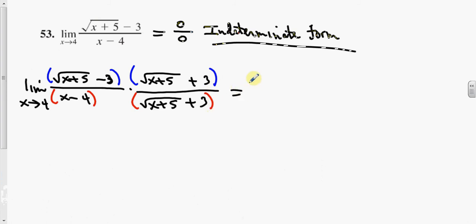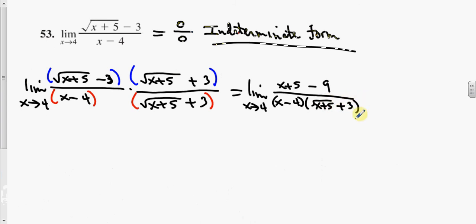So what we have is this times this, and then this right here times the denominator. When you do that, we end up with the limit as x approaches 4. The first times the first is x plus 5. The outer times the outer and the inner times the inner will cancel out. All you have left then is the last times the last, that's minus 9. This is all over x minus 4 times the square root of x plus 5 plus 3.